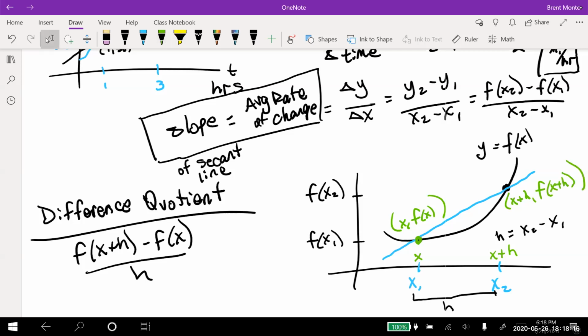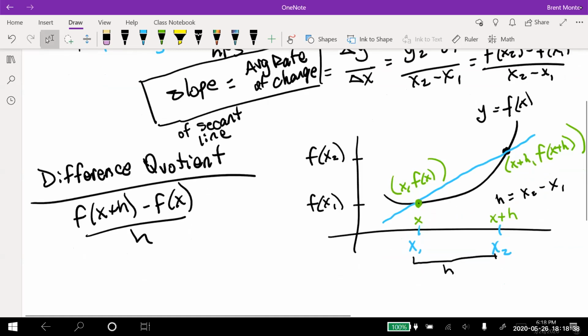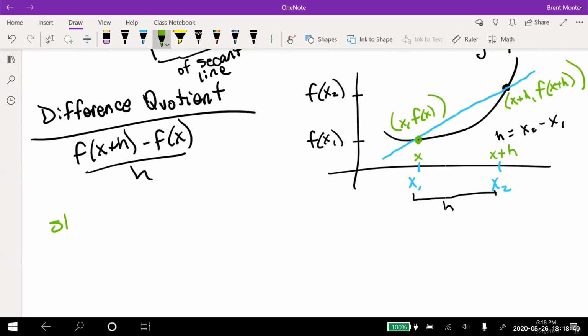The advantage of doing that is now I only have one x value. I have this h that moves x to another x value, but they're still just based on x. I don't have x1 and x2. I just have x and then x moved over. The reason that's important is because now if I look at the slope of that, again, that's y2 minus y1 over x2 minus x1, same as it always was in algebra. But the second y value is over here.